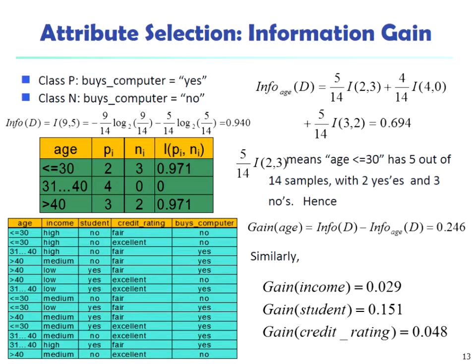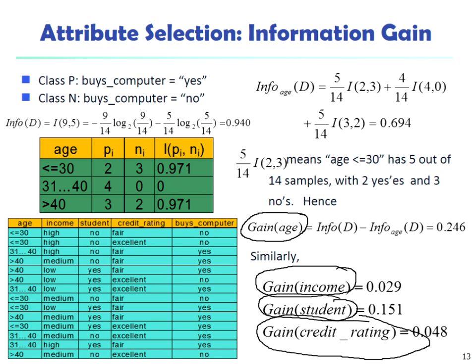Based on entropy. So we have to calculate the gain: the gain of age, the gain of income, the gain of student, and the gain of credit rating. After that, we will select the attribute with the maximum gain. Is it clear?